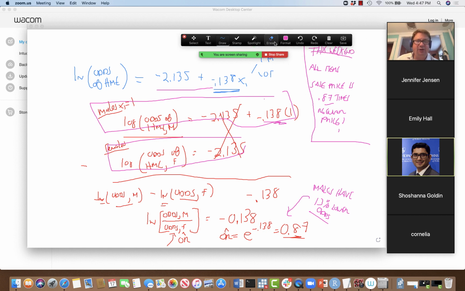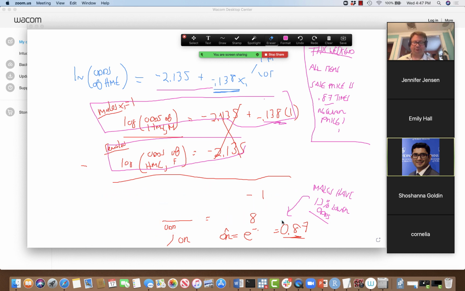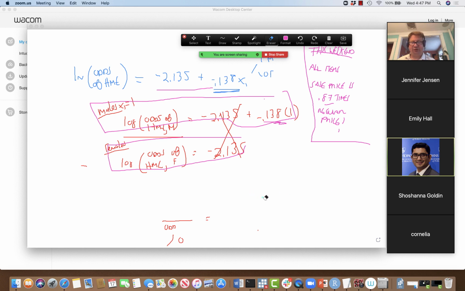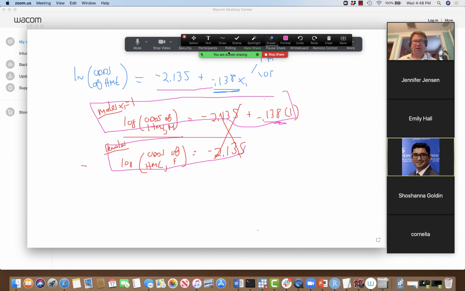So I'm going to erase some of this here. And so it turns out, what is the relationship between the odds and a proportion, or the probability of something occurring, the way we define it? How do we compute odds?